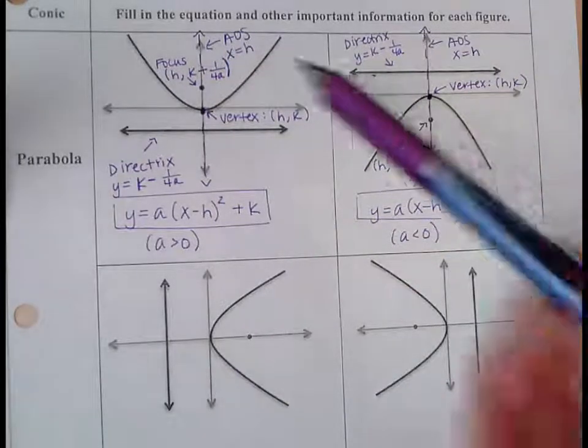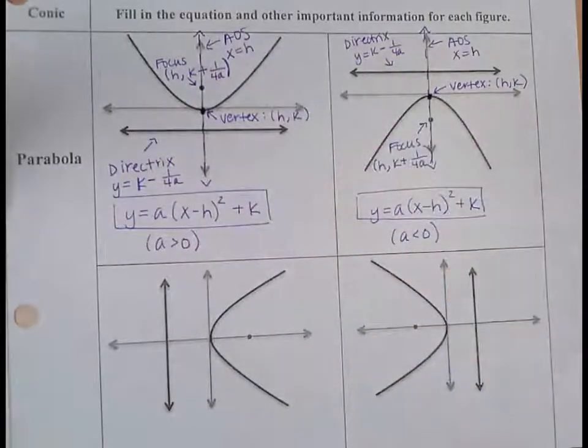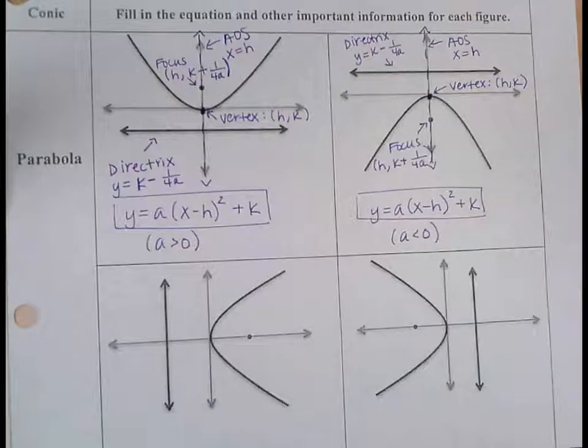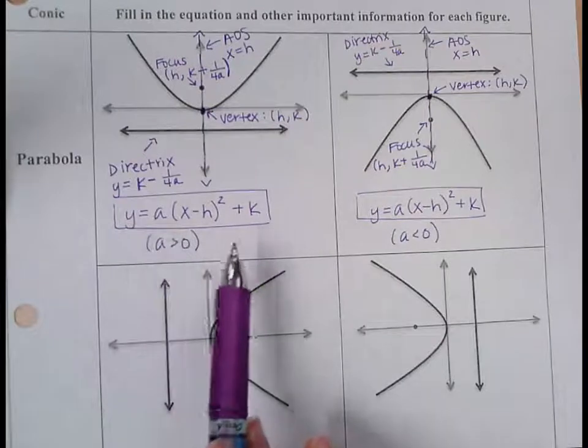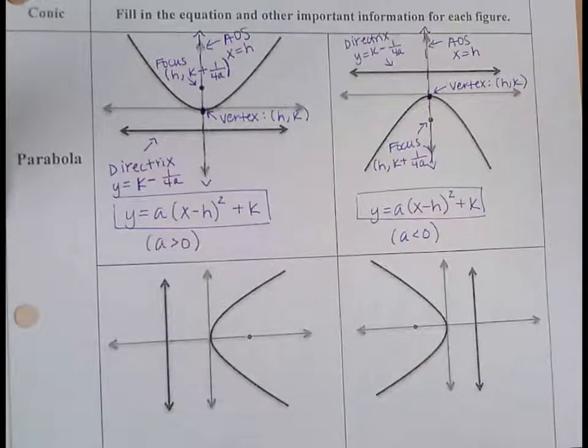Or vice versa, if you have a graph or you know what the focus is, what the directrix is, etc., you should be able to use those values to identify a, h, and k so you can write your equation. So everything between the equation and the formulas is all in relation to the a, h, and k values.